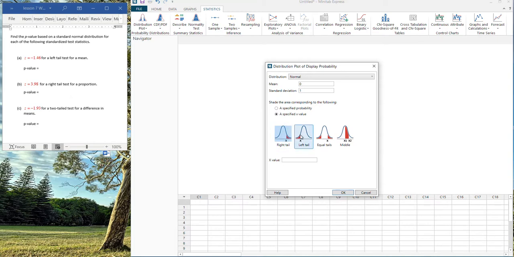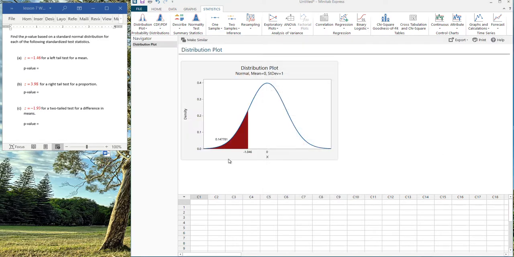Okay, A is for a left tail p-value, and the test statistic value is negative 1.46. Okay, and notice we have a nice visual representation of what the p-value is.